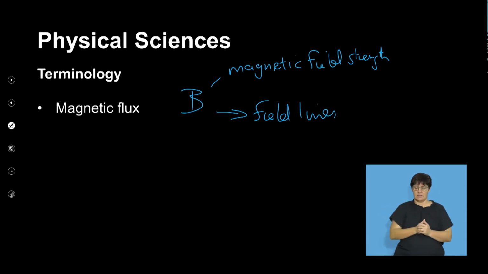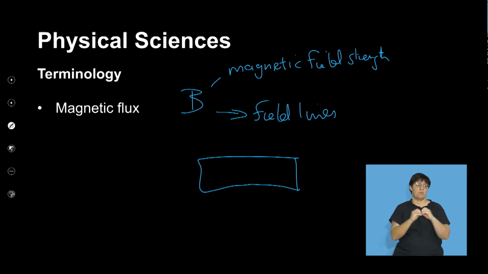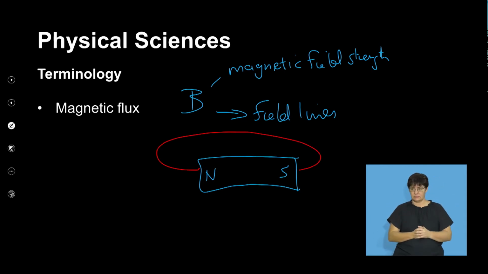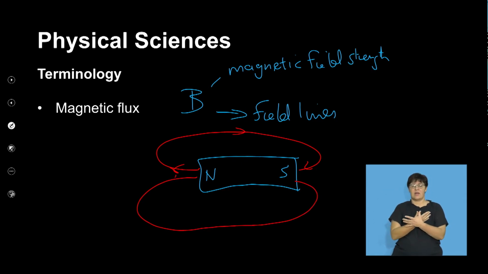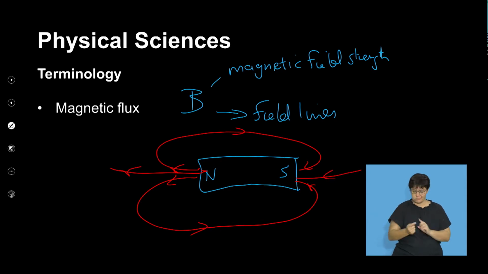So around a bar magnet, for example, you would recognize you have a north end and a south end, and you've got these field lines that are going to run out of the north and in at the south, and they're going to form this butterfly pattern that we like to refer to. And we've even got some field lines that run out at that side, and they're going to run in at this side, and we've got this big loop of field lines.